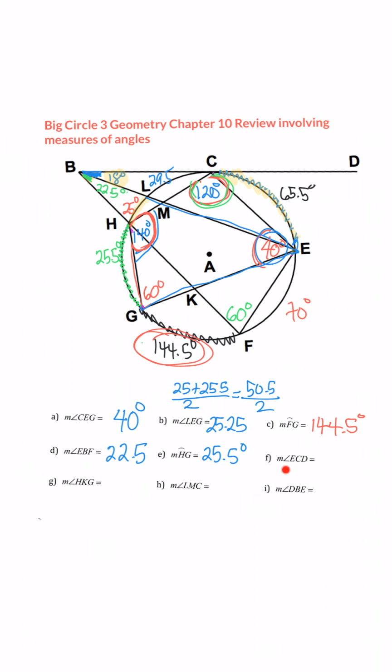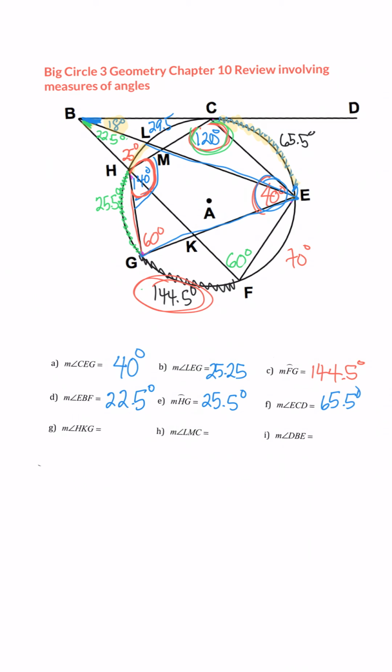And then measurement of angle ECD, this is ECD, is 65.5 degrees. Measurement of angle HKG, this angle is inside the circle, therefore we are going to use half the sum of this arc and this arc.